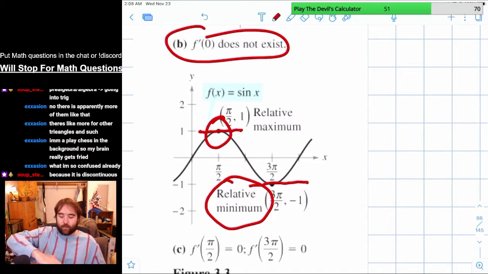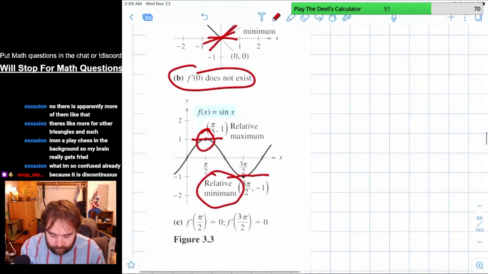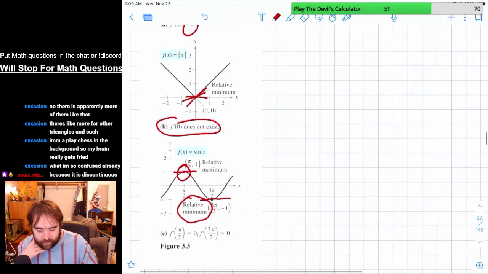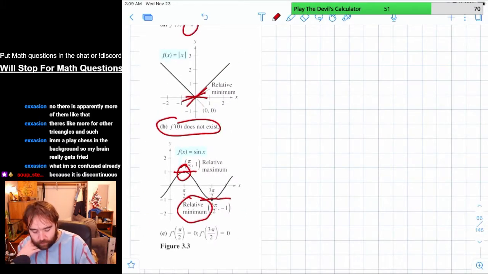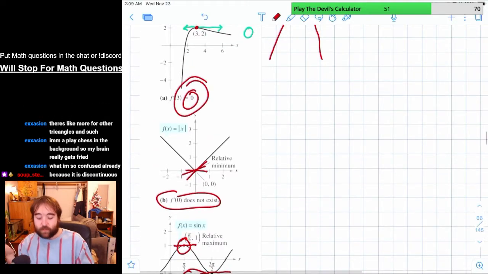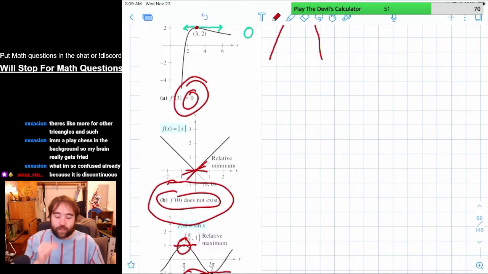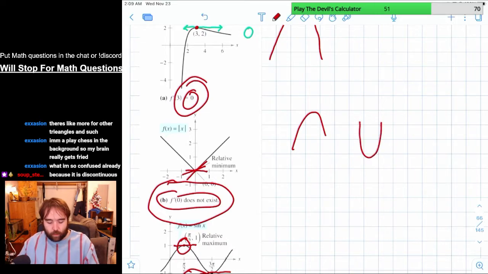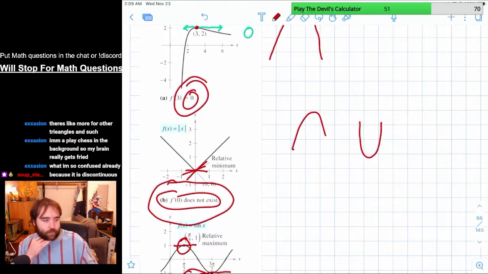Minimum is the bottom, maximum is the top. So relative maximum is where there's a peak, where there's a hill, relative minimum, where there's a valley. And this is the key takeaway, that these are the 2 options we're looking for. We're looking for the derivative to be 0 and the derivative to not exist. If that happens, it's possible that we might have a relative minimum or a relative maximum there. Of course, I said that swapped, but you get it.